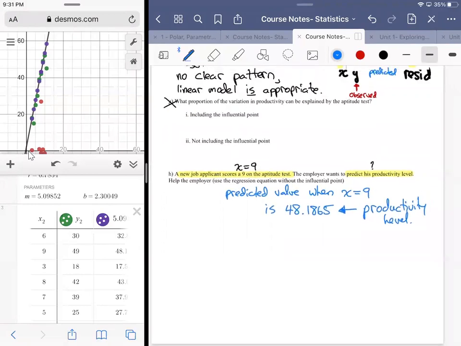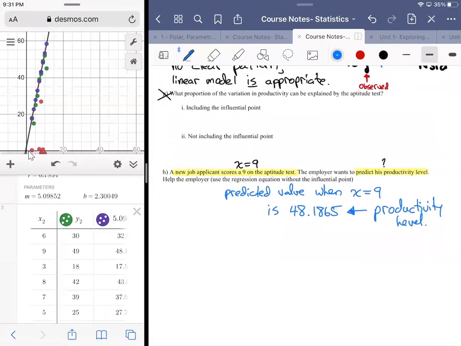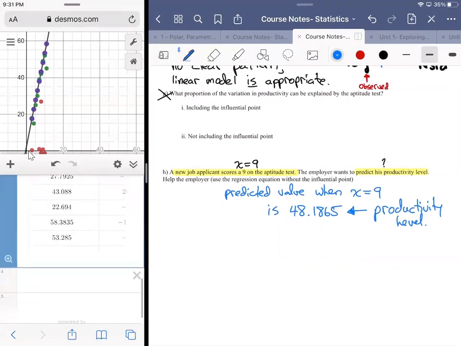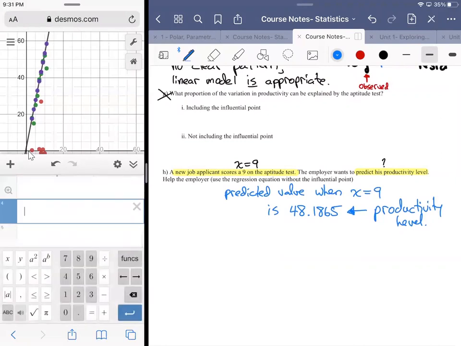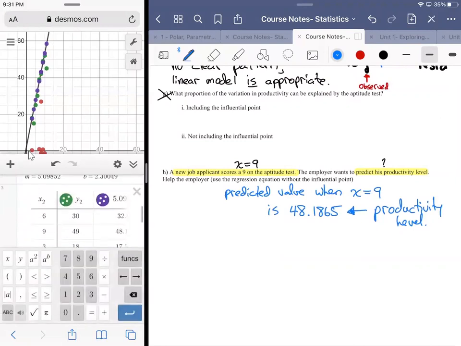All right, so we're able to make a prediction, but we don't have to go through all the machinations that we did before. I mean, we can, if you like that sort of thing.